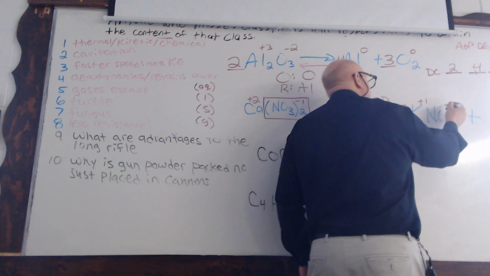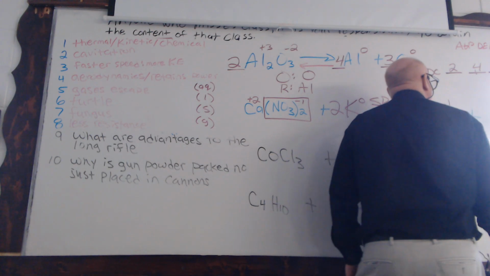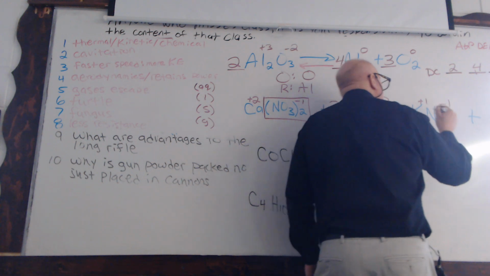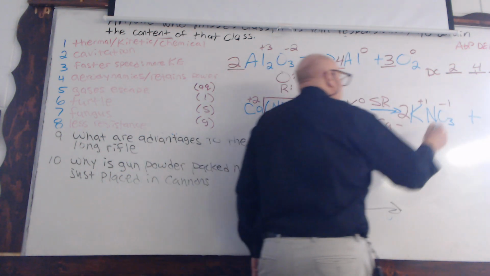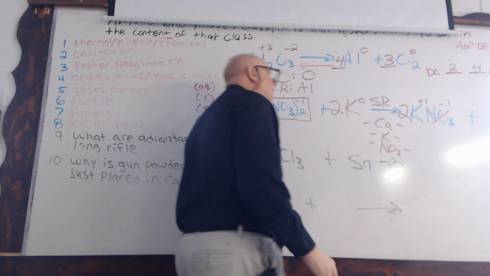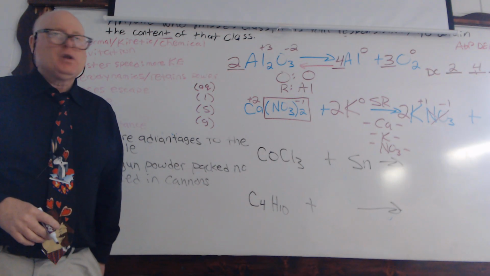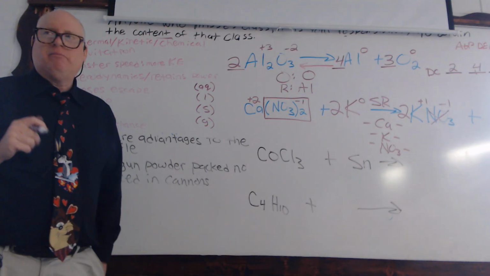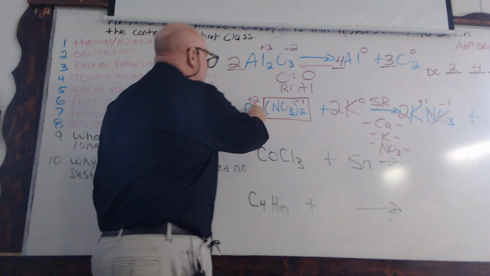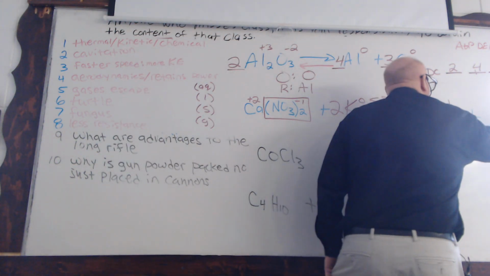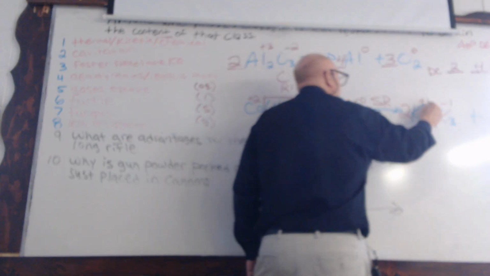Well, nitrate and calcium. Why could we, as far as doing this portion here, why would we do that? What's true about the nitrates on both sides? Because look at what calcium did. It was +2, it's 0. What did the potassium do? It's 0, now it's what?